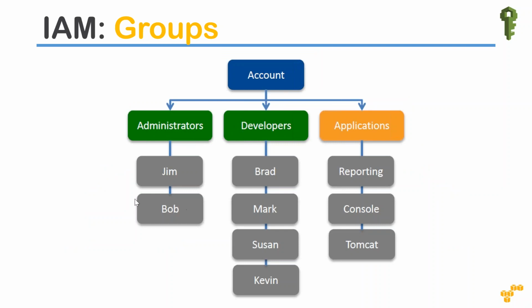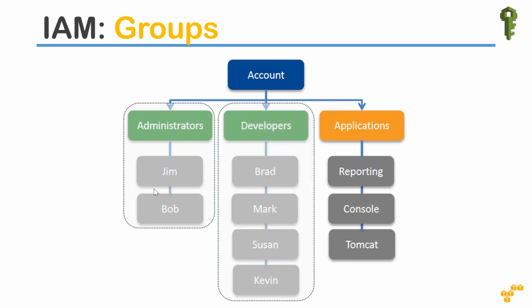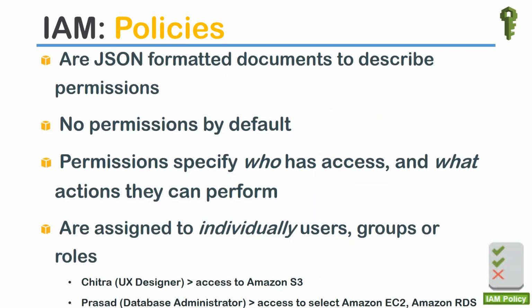There is a reporting application, console application, Tomcat, and all of them will have their own roles. So that is another way you set up your account in IAM. So whenever somebody comes and says, I want to set up IAM from the ground up, then you need to ask what is the organization structure they have and how the teams are organized. Then you choose the best way of structuring your groups and user IDs in the cloud based on that.